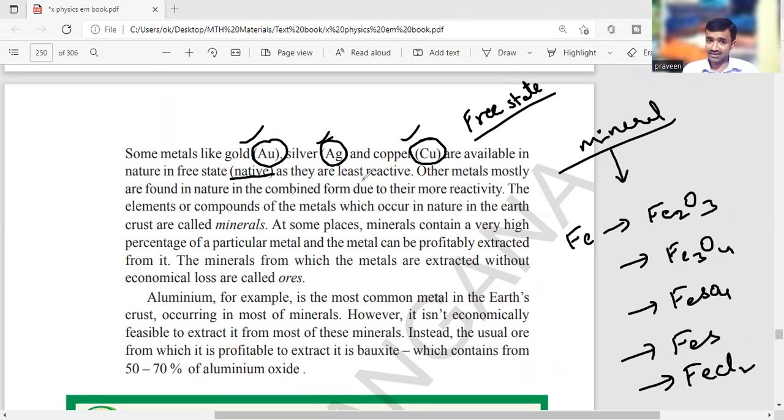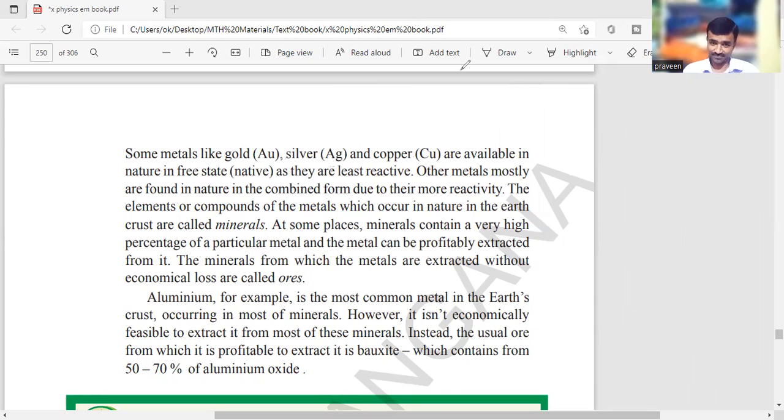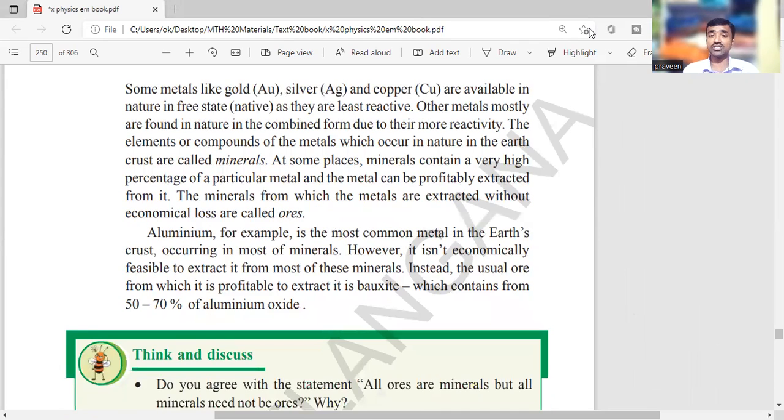But compared with iron, silver or copper are not available in all these forms. They are available maybe in one or two forms, and it is also very low chance. So they are said to be available in their free state. Other metals are available, but in their combined form.